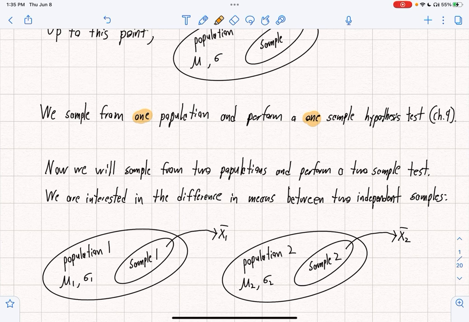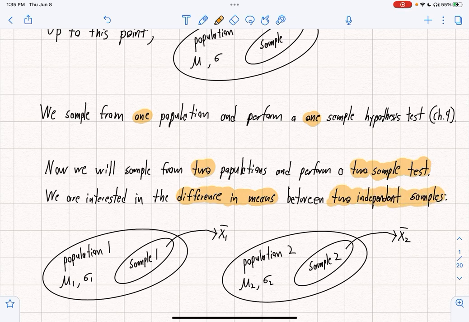So we're going to be sampling from two different populations and performing a two sample test. And now we're interested in the difference between the two independent samples. So we're going to be interested in the difference in means between the two independent samples.